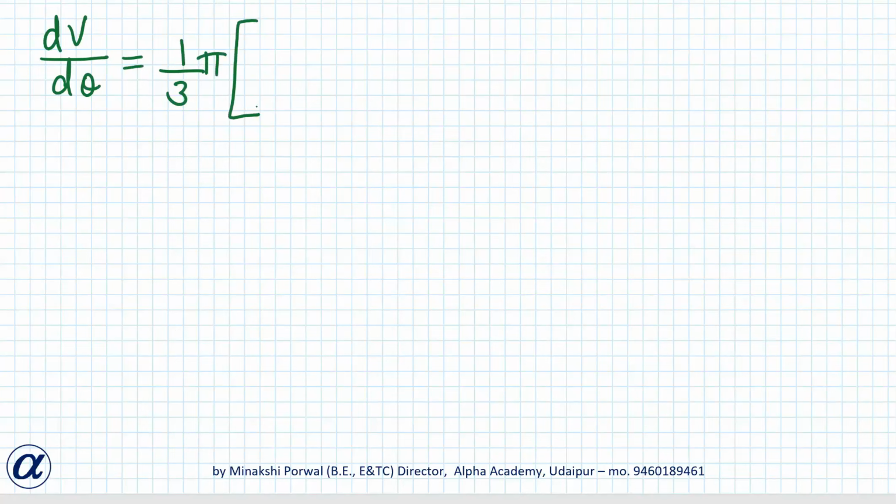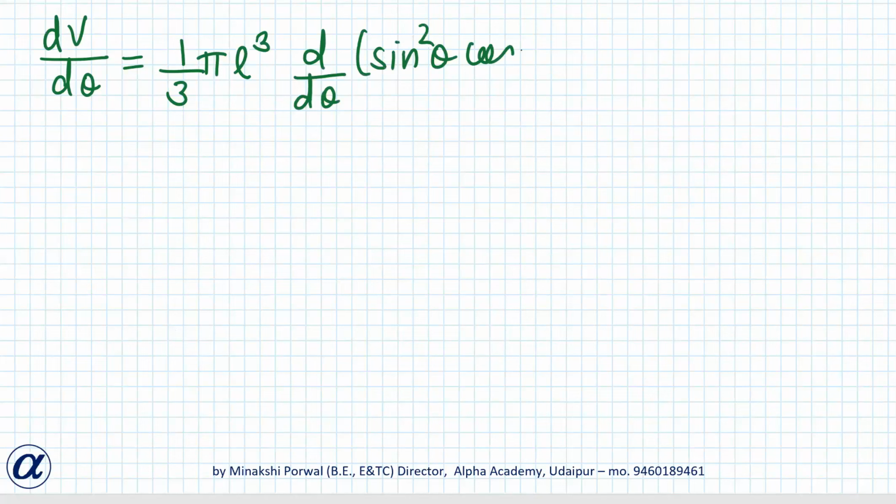Now dv by d theta. 1 by 3 pi is constant. When we differentiate with respect to theta, L is also constant. So it will be 1 by 3 pi L cube times d by d theta of sin square theta cos theta.